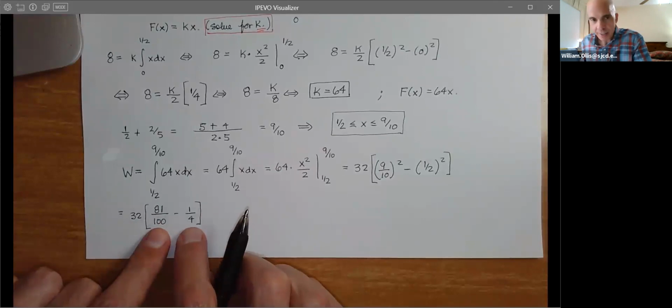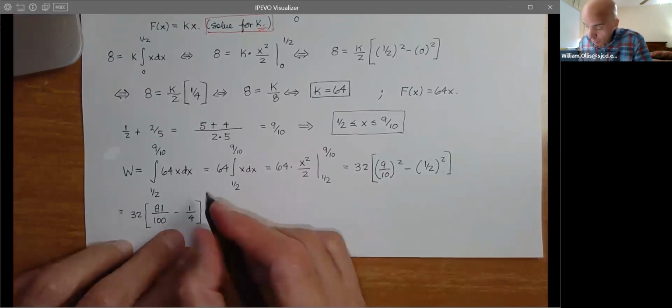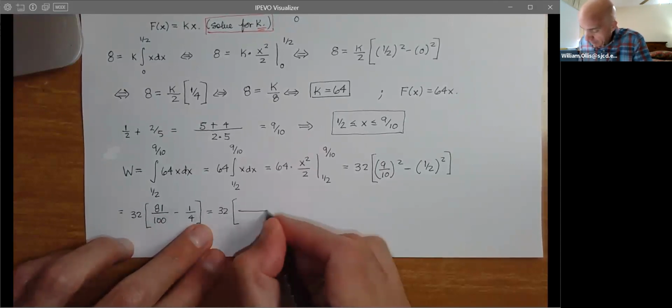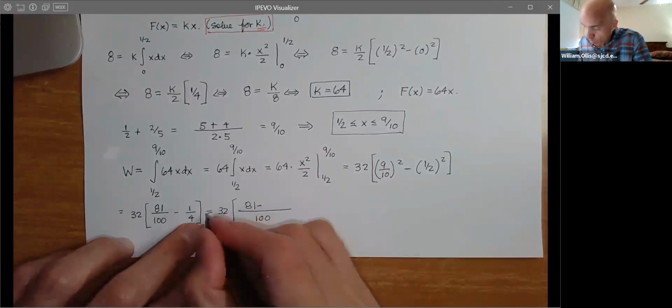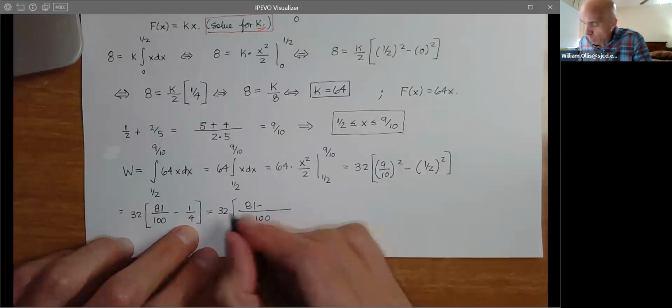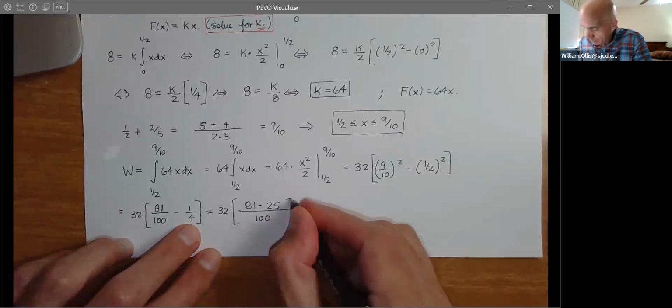Let's just go ahead and get a common denominator of 100, and we're good to go. So we get 81, and then 4 times what, 25? Well, 4 times 25 is 100, so we put a 25 here.